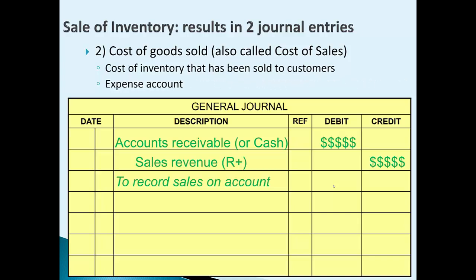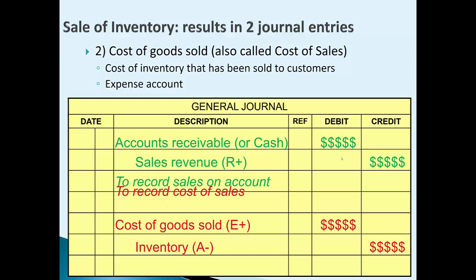So remember, cost of goods sold, COGS, C-O-G-S, is an expense account. So we have to increase that expense account, and then we have to lower inventory. So what we're doing in the second transaction when we sell merchandise is we're transferring the cost of the inventory from an asset, which is called inventory, to cost of goods sold, which is an expense.